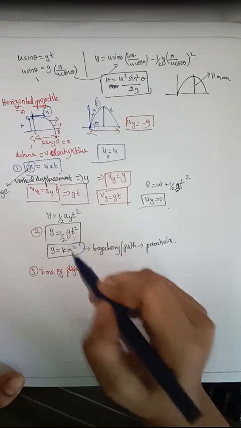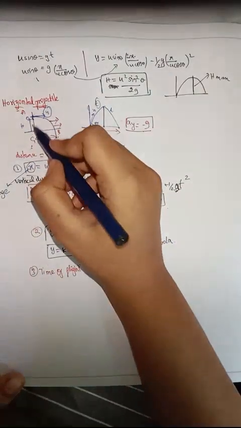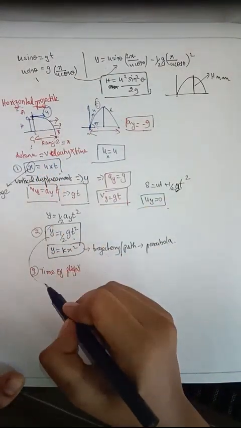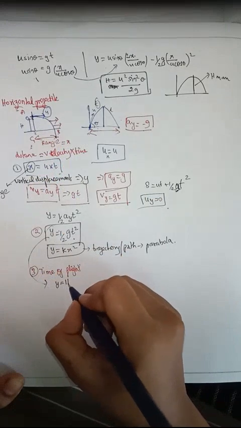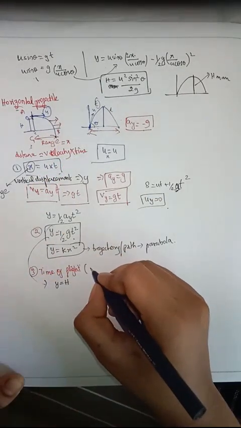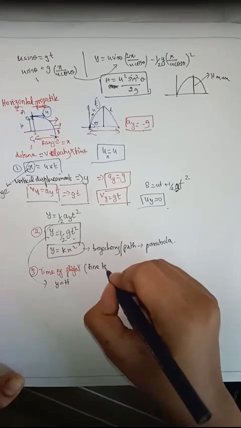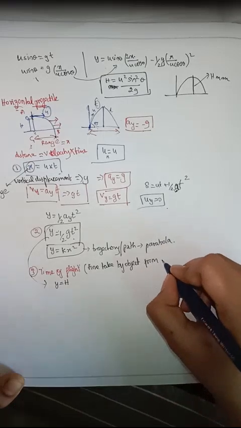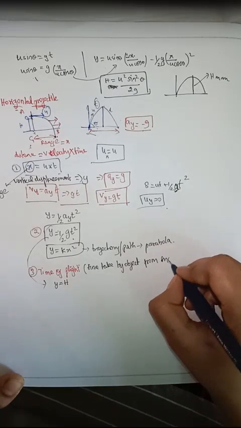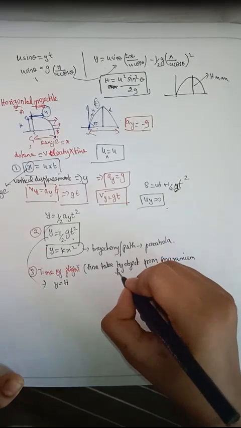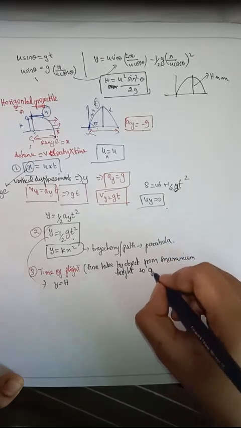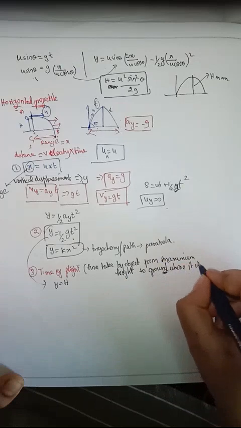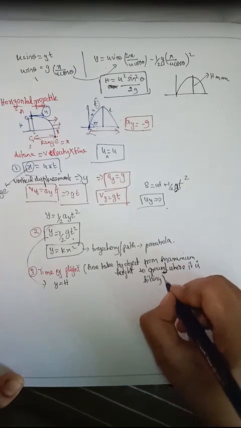Time of flight is nothing but the time taken by the object from maximum height to the ground level, where it is hitting. This is the time of flight.